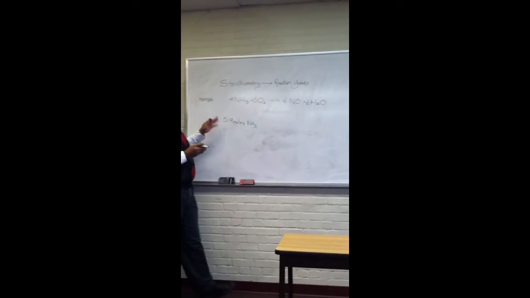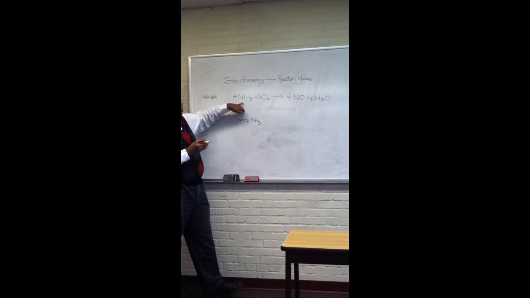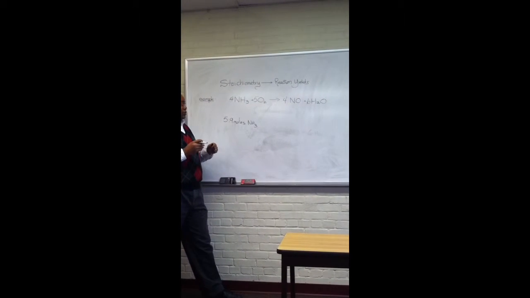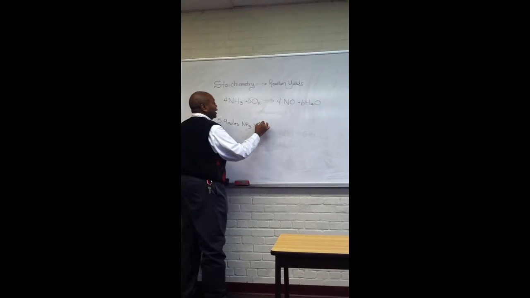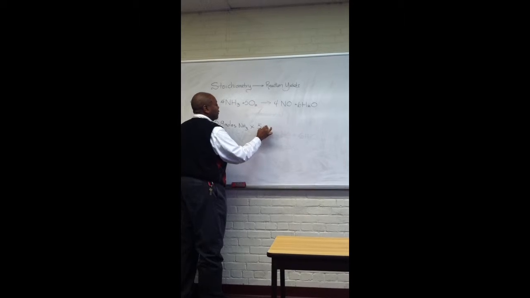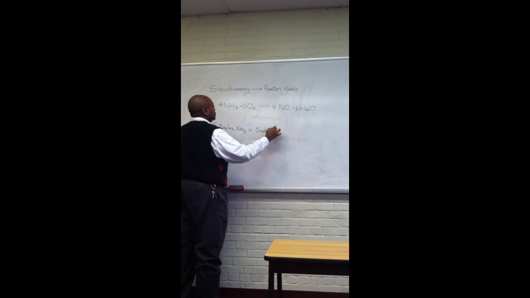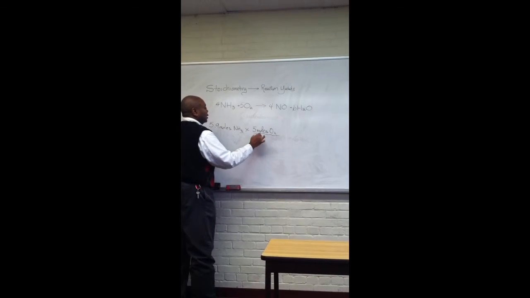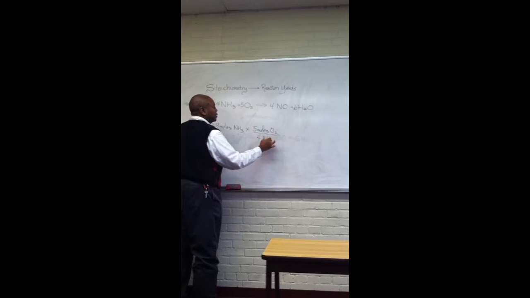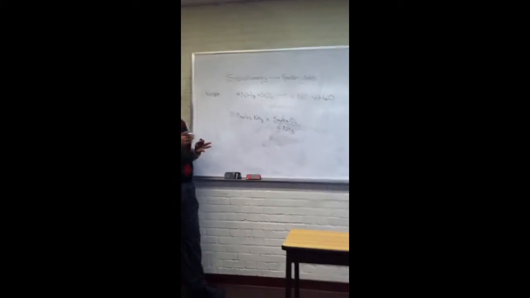Now, based on the molar ratio of ammonia to oxygen, I can see that for every 5 moles of oxygen, I'm going to need to react that with 4 moles of ammonia.